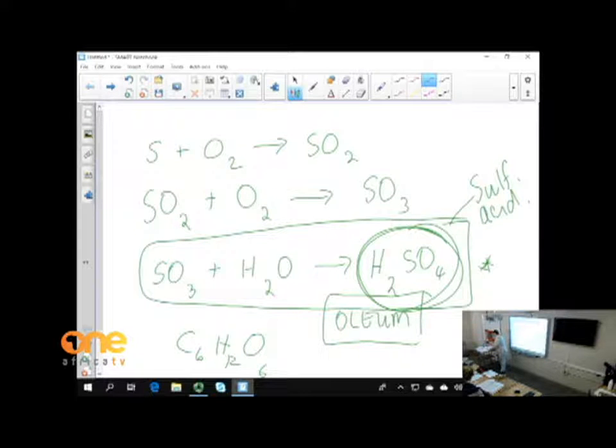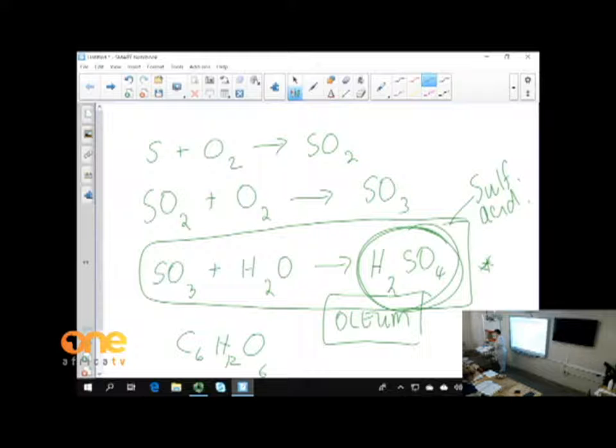All right, so then you will see in the flow chart, they've got the contact process, which is with a vanadium 5 oxide catalyst, right in there, 450 degrees. That's on the second block. And then from there, the sulfur trioxide reacts further, it's oxidized further with oxygen, and it is absorbed in concentrated sulfuric acid to form oleum.